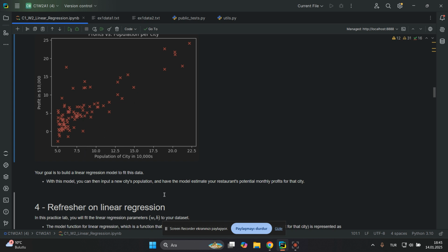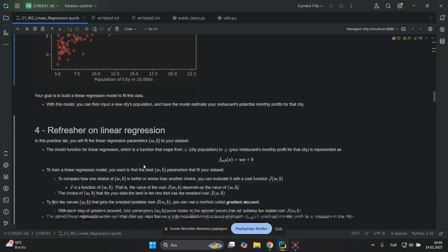With this model you can input a new city's population and have the model estimate your restaurant's potential monthly profit for the city.